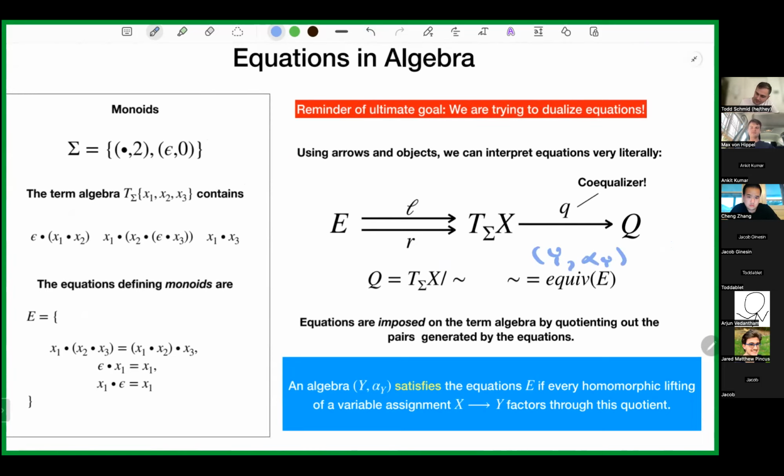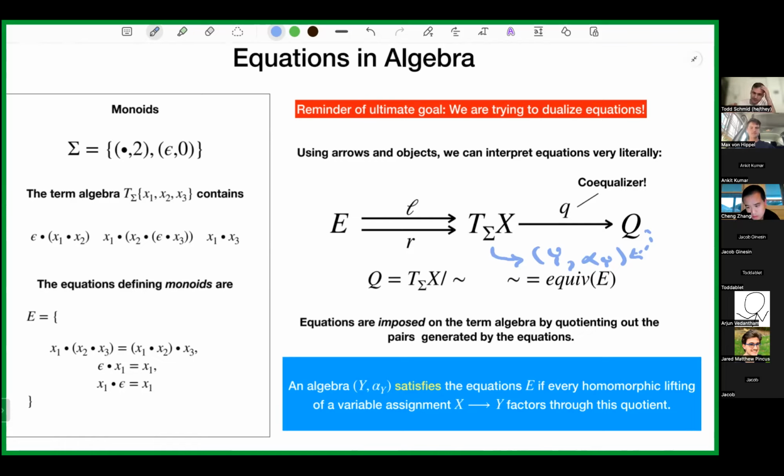And an algebra is going to satisfy these equations, i.e., it's going to be a monoid, if for any interpretation of the variables, that unique extension to a homomorphism on terms is going to factor through this coequalizer. So no matter how we interpret the variables, the unique algebra homomorphism that extends that interpretation is going to identify these pairs of equations. That's exactly what we wanted to begin with.